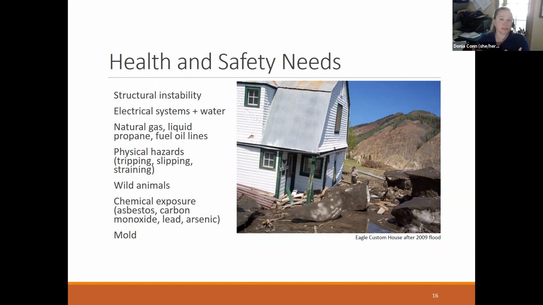And always be thinking, because the vast majority of our disasters are going to involve water in one way, shape, or form, we need to always be thinking that the collections that we're used to handling every day are now, particularly if they're organic, much more heavy. So we need to make sure that we're thinking about how heavy materials are and how our workers can safely lift these items without injuring themselves.